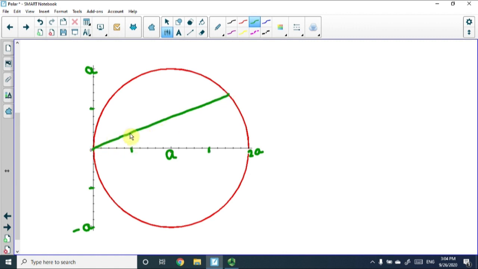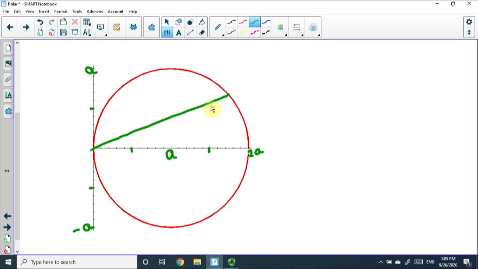Now notice that this line we draw has the same value for theta. Theta is constant on this line. Only r is changing. And you can see r is changing from the smallest value, which is 0, and it will go up to the maximum value, which is when it hits the boundary of the circle.